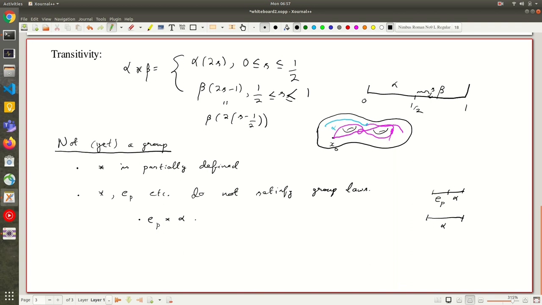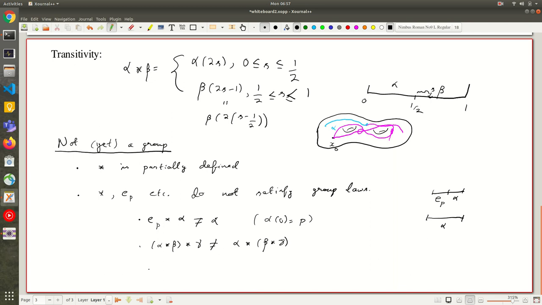So these two are not equal as functions. Okay, so here I've taken alpha of 0 is P. They're kind of morally equal. One path is sticking to P for a while and then going along alpha, and the other is going along alpha, but they're not the same as functions. Okay, and similarly we do not have associativity. So if I look at alpha star beta star gamma, this is not alpha star beta star gamma, with the brackets placed differently.